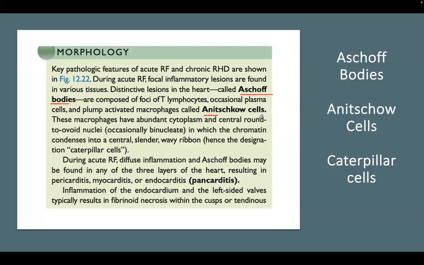Then we have the Anitschkow cells, which are actually macrophages. Now question, where would we find the heart failure cells? Very good. We find them in the lungs. We do not find them in the heart.